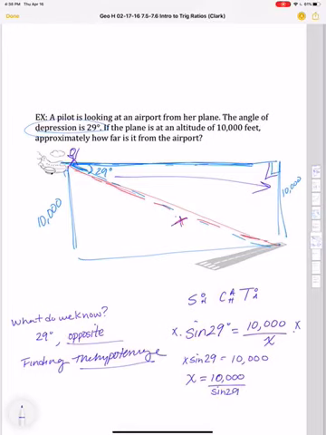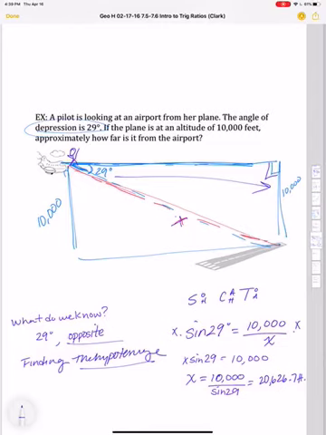So we get our calculators out. 10,000 divided by sine of 29 degrees. Holy moly. 20,626.7 feet. That is far.